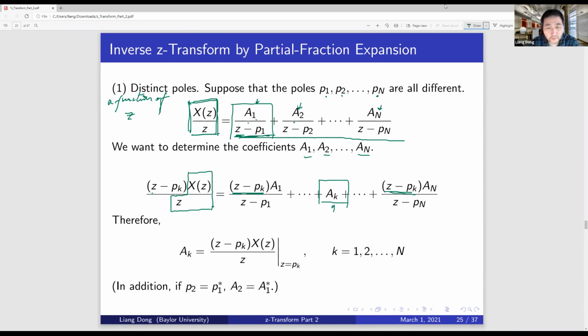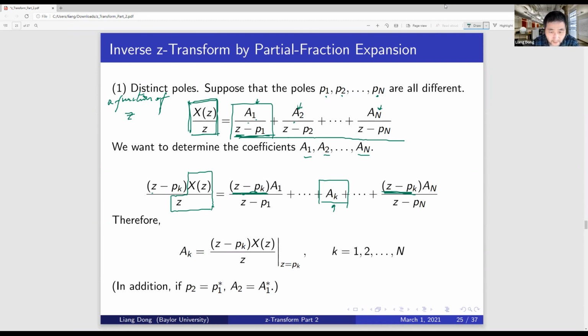This is exactly the term whose denominator is supposed to have a pole at p sub k, so you cancel that out. Now, all these other terms are still there because the poles are distinct. You will not be able to cancel that. Okay, so I have that.